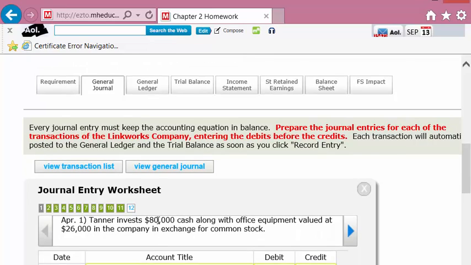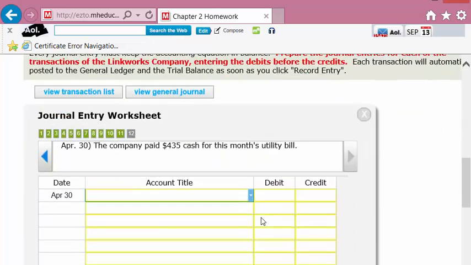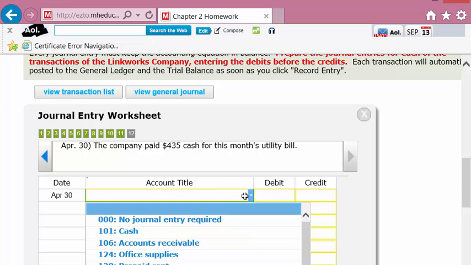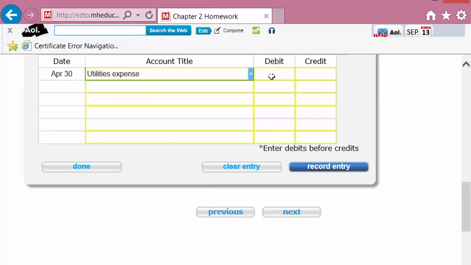Oh no, the last one. Yeah, that's sad. The company paid $435 cash for the utility bill. Good. Utility expense.